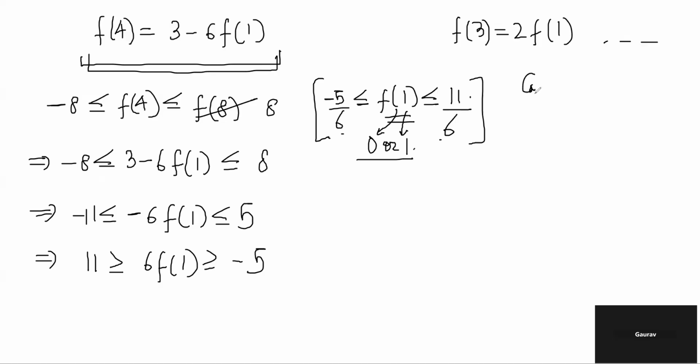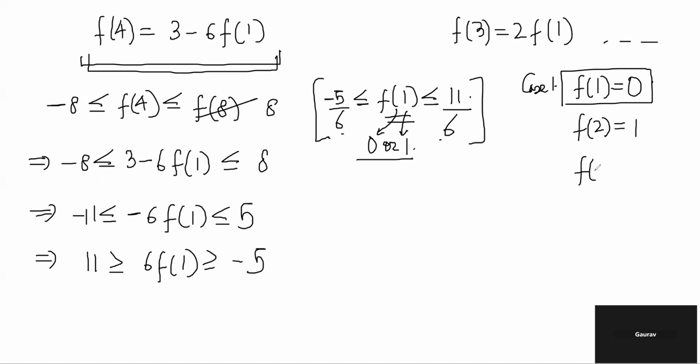So case 1 is f of 1 is 0, right? If f of 1 is 0, automatically from the first equation, which was f of 1 plus f of 2 equals 1, we get f of 2 is 1, right? And now f of 2 is 1, so f of 3 is actually 0, because f of 3 is 2 times f of 1.